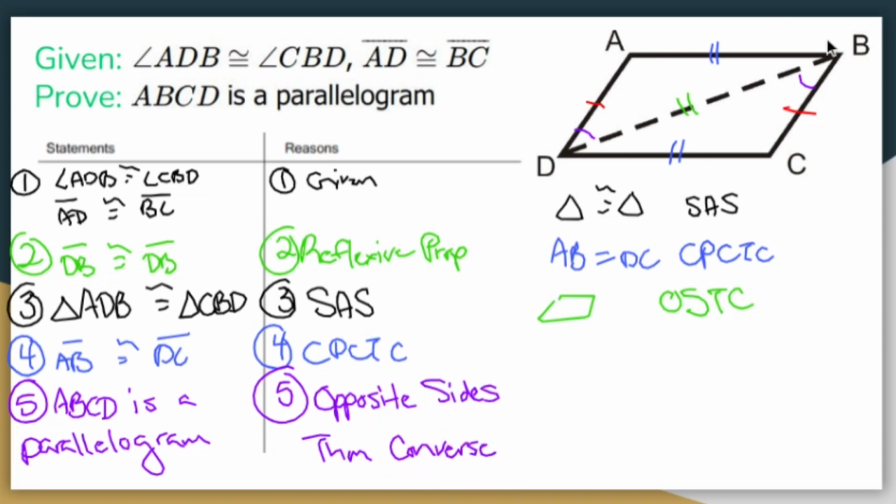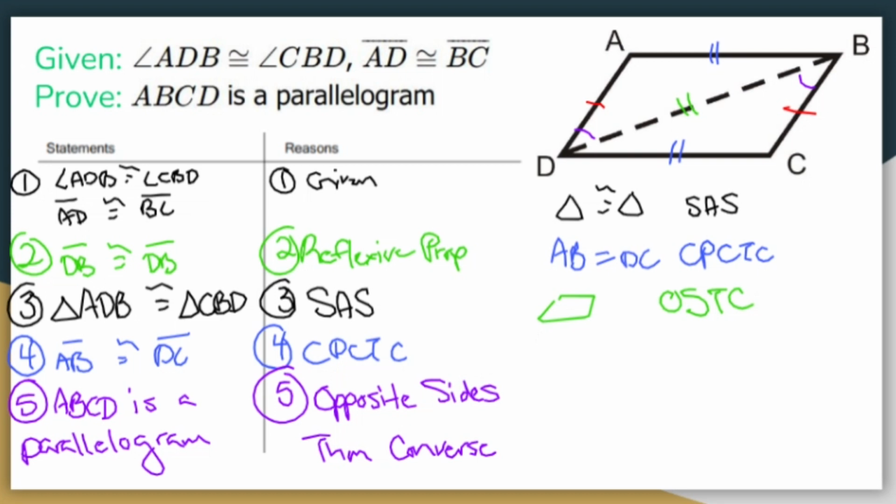If the opposite sides of a quadrilateral are congruent, then the quadrilateral is a parallelogram. If for some reason you forgot that that's called the opposite sides theorem converse, because that's just a terrible name, then you could say that since opposite sides of this quadrilateral are congruent, then it is a parallelogram.